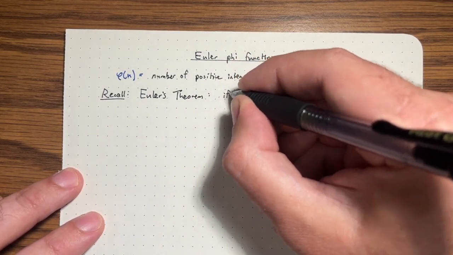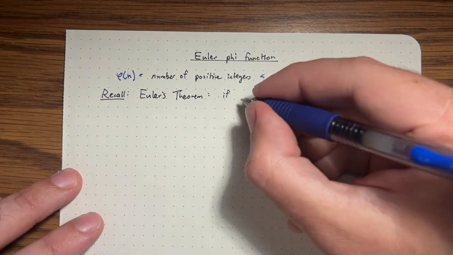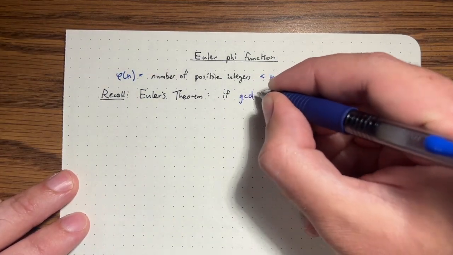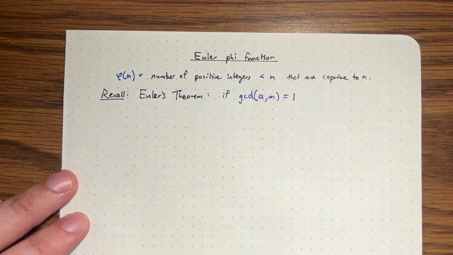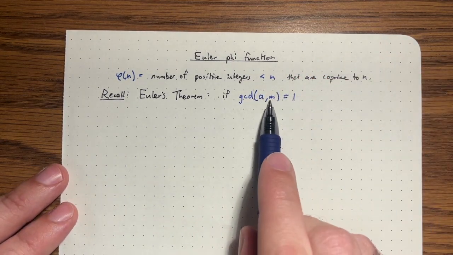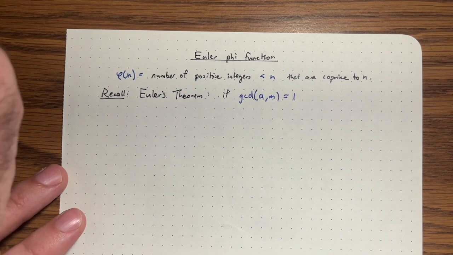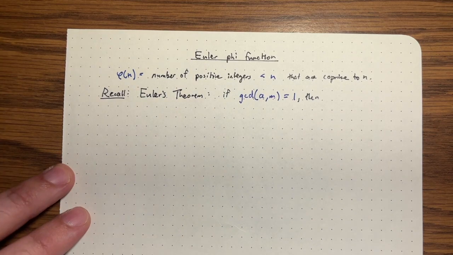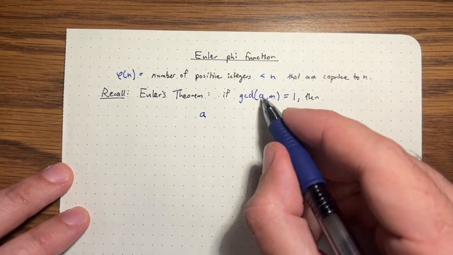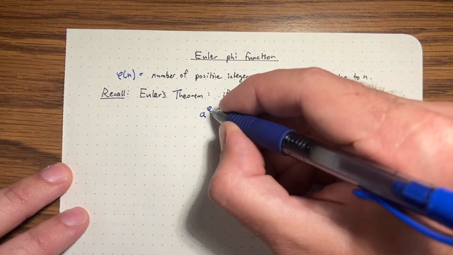It says that if I have some element of Z mod mZ that's co-prime to the modulus m, so if I have an integer a and it's co-prime to m, the modulus, then there is this magical exponent that you can raise a to in order to get 1.